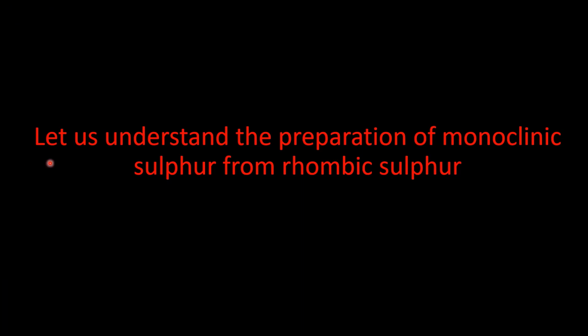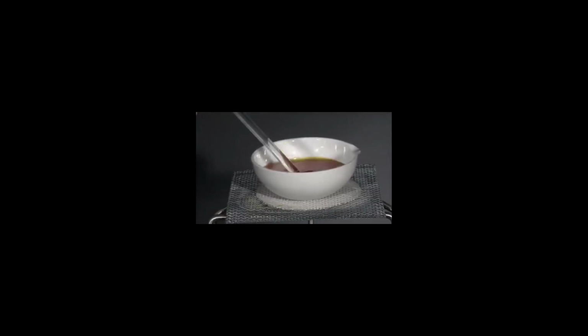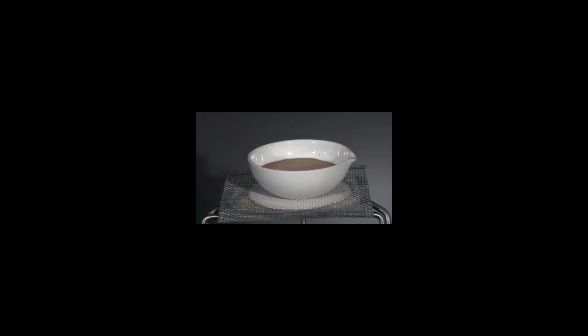Now let us understand the preparation of monoclinic sulfur from rhombic sulfur. Monoclinic sulfur is only stable above 95.3 degrees Celsius, and needle-shaped crystals of the element can conveniently be prepared from molten roll sulfur. The sulfur is melted carefully and then allowed to cool.